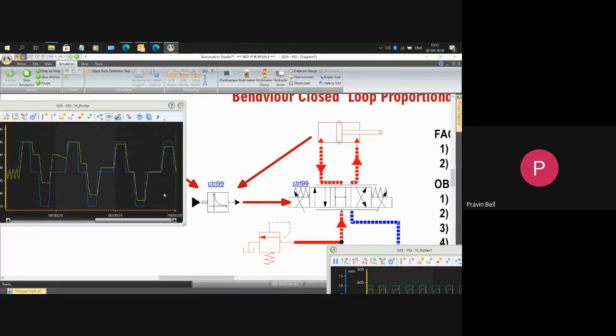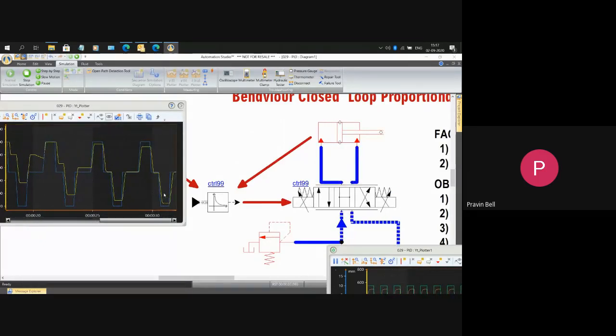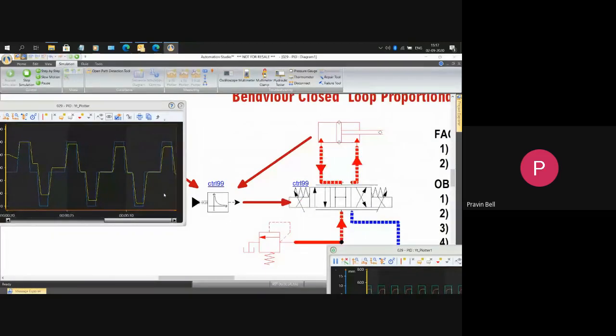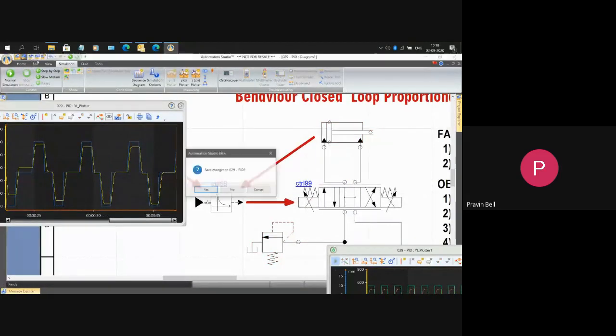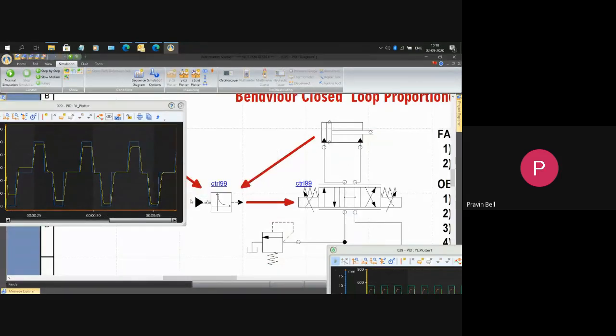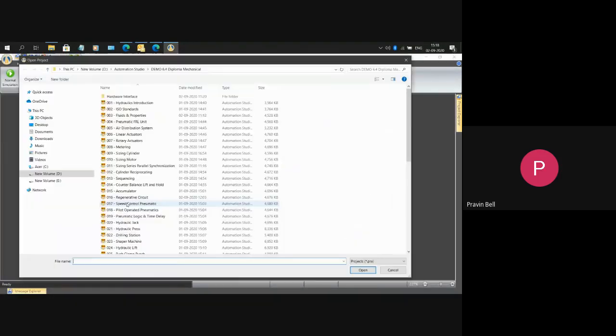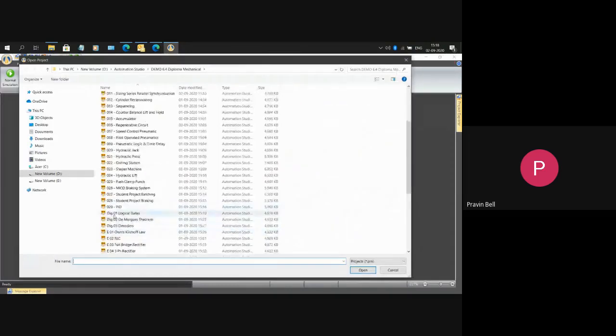In such a way, you can do PID tuning practicals also. You can take printouts of these oscillations and the response without oscillations, and put them in your journal. So this is a PID control practical. It is there in one syllabus I saw.